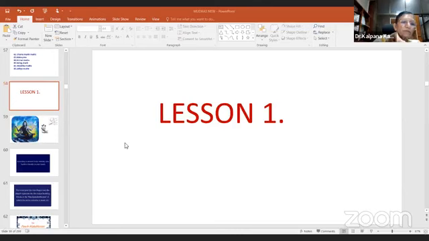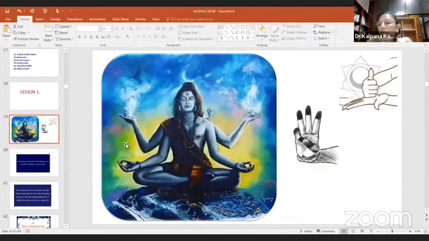So basically, these are the gestures. In this lesson, we're going to be dealing with the Panch Mahabhut. As I told you in the history yesterday, it all came from Lord Shiva. It's not coming from me, and it's not coming from any yogis, but from the divine Lord Shiva himself.